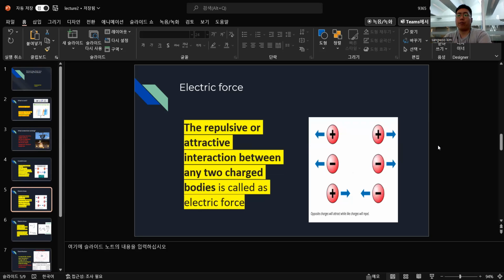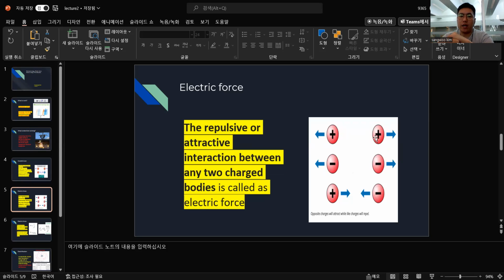So we now know between charges, there's some energy or power, yeah, we could say, right? So for example, between plus plus, there's repulsive power. And instead for minus plus, there's attractive. So we could say this is electric force.